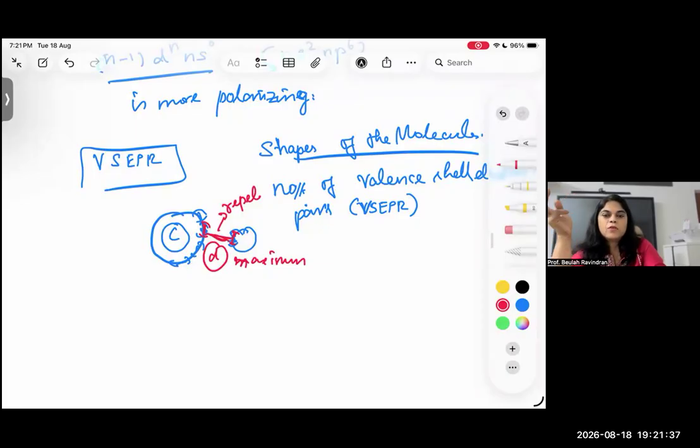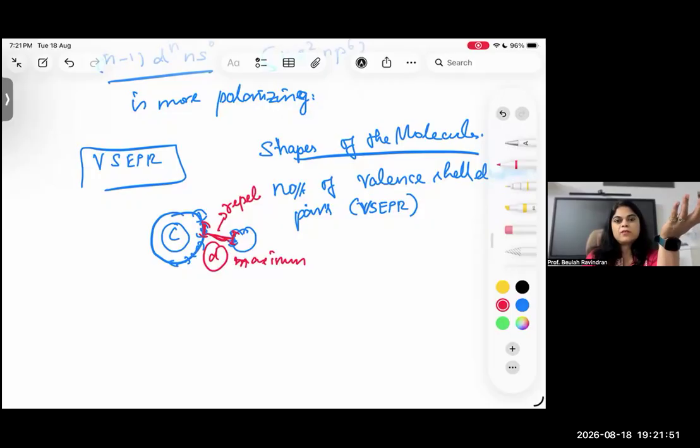Clearer? So, if a molecule has a resonance structure, that also we saw, this VSEPR model is applicable to any such structure. Suppose there is a lone pair of electrons present, it causes distortion in the expected geometry of the molecule.